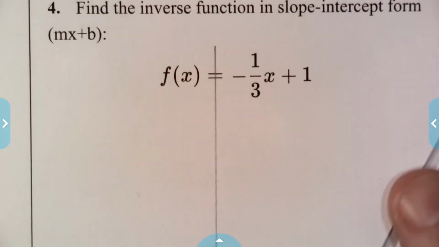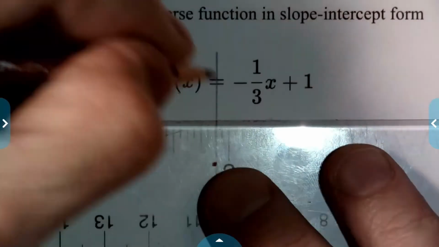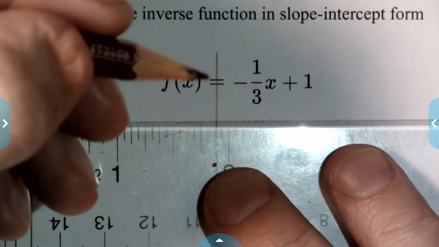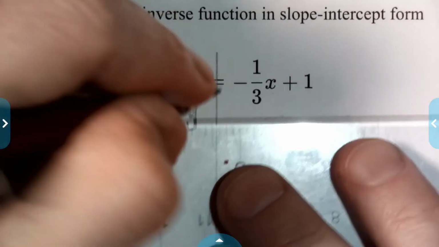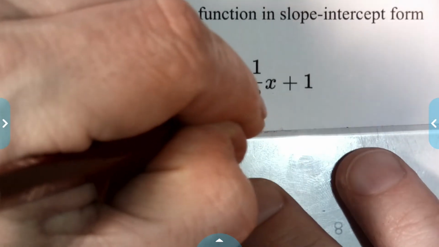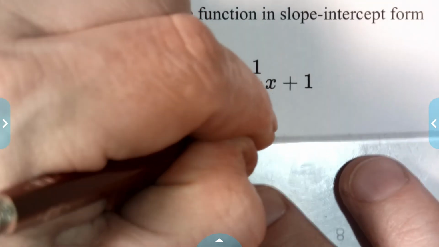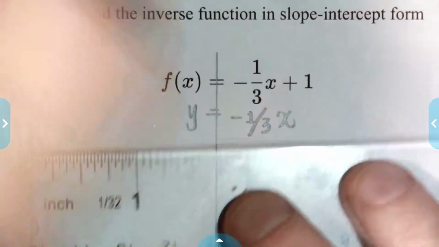All right, so what's our first step? Replace f of x with y. All right, so we're going to just write y equals negative 1/3 x plus 1.